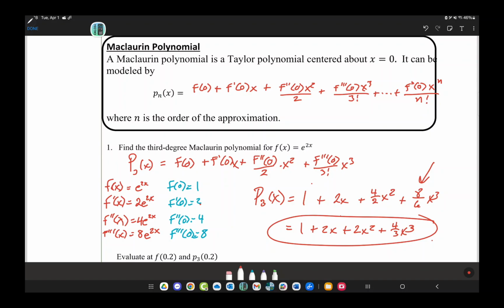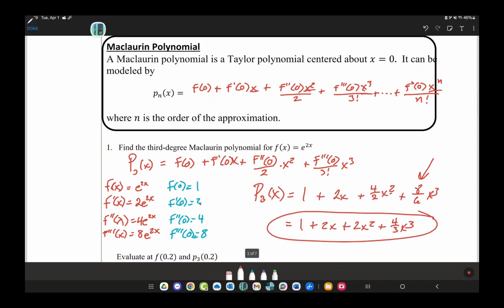That's where we get the f prime of c, the f double prime of c, right there. But in a function, we still have the x here, here, and here, all the time, because we need those x's to make a polynomial. It's the Taylor polynomial, where x equals c. And this is the Maclaurin, where c is 0.